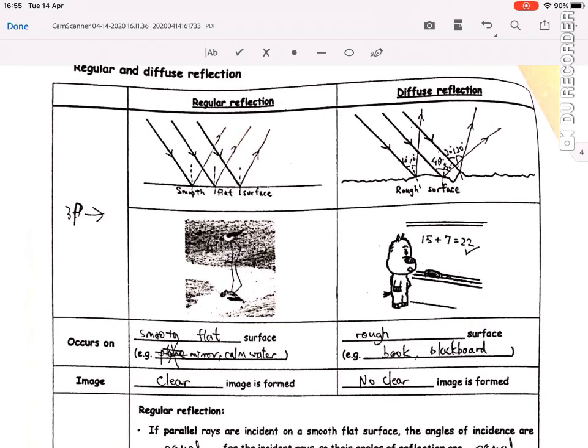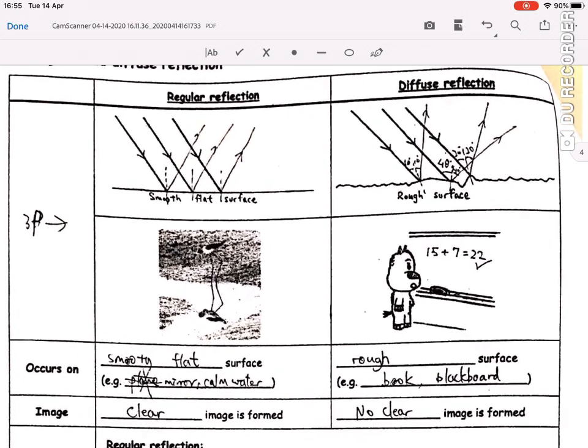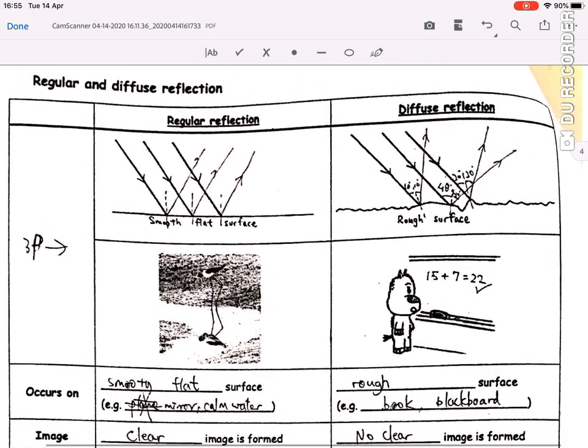Now, in here, the top part, the regular reflection on a smooth surface. You see that you need to draw the normal in, and the light will be coming off it, nice and parallel. Compare that to the diffuse reflection. If you take a look at it, the top part is nice and smooth, but the joint next to it, let's assume the first drawing is 10 degrees, and next to it is 20 degrees. It will be bouncing off to different angles already.